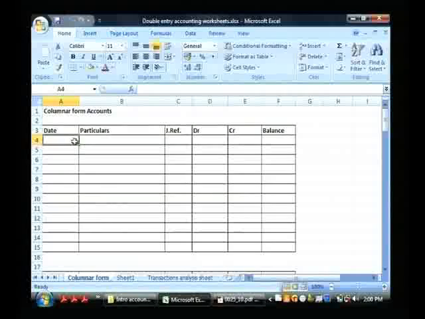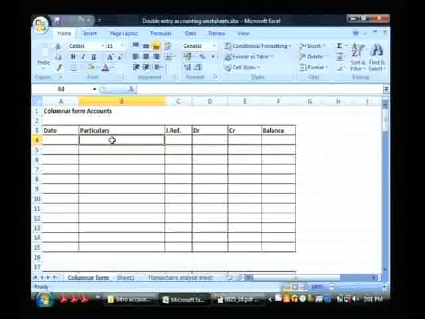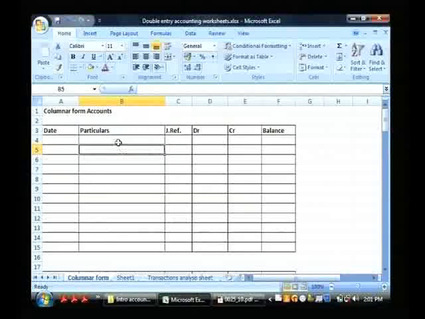The particulars column is common to both debit and credit column, and also the additional feature here is the balance.